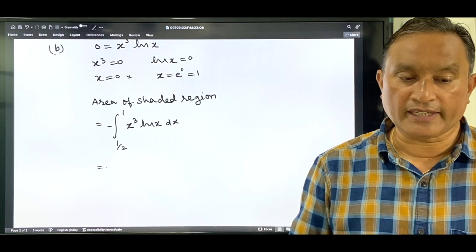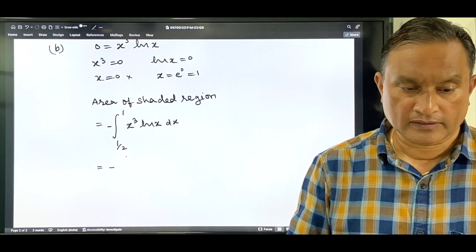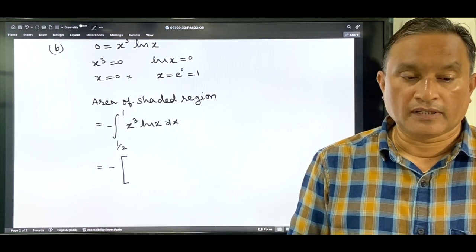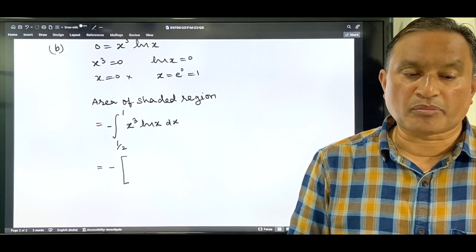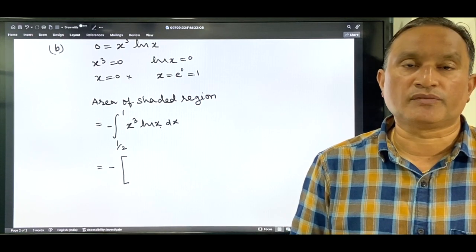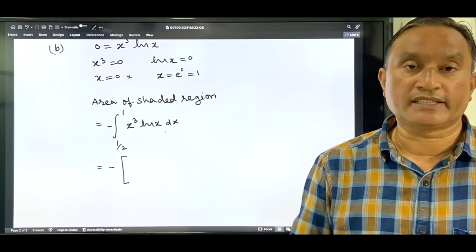Now we will integrate this. As we have x to the power 3 into ln x, we apply integration by parts.